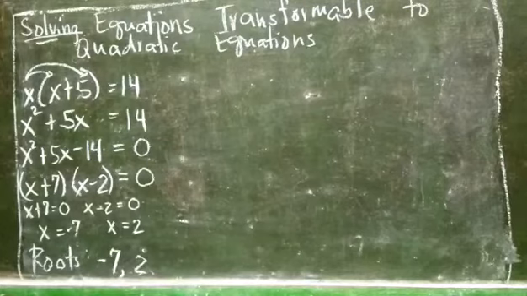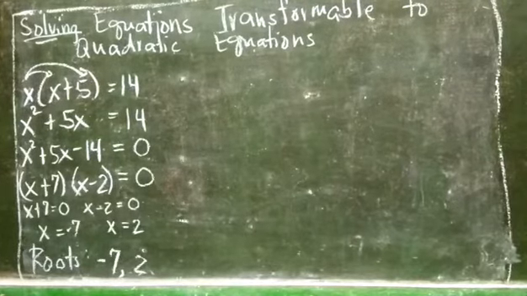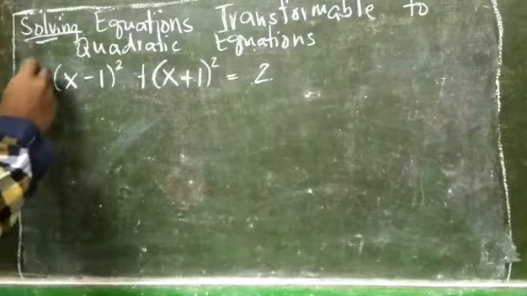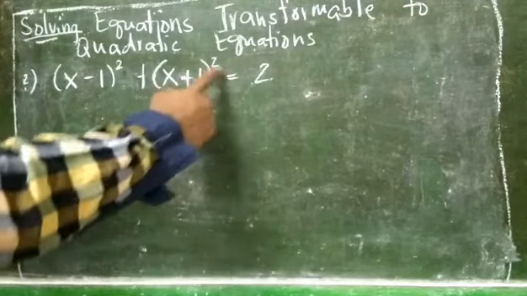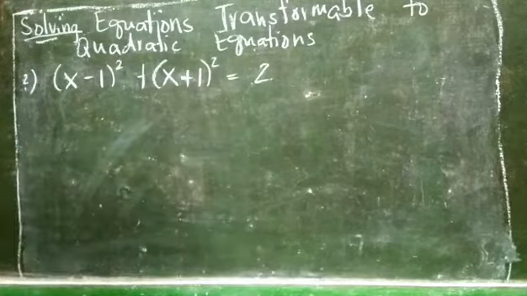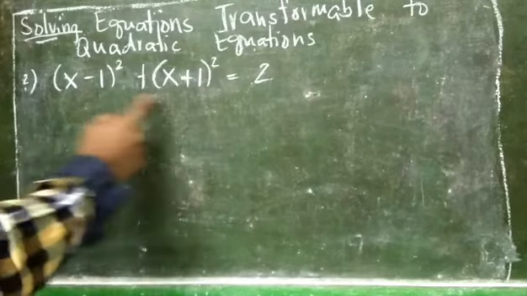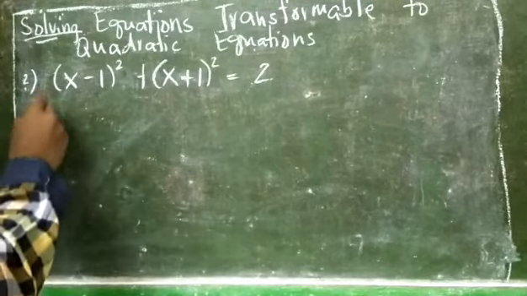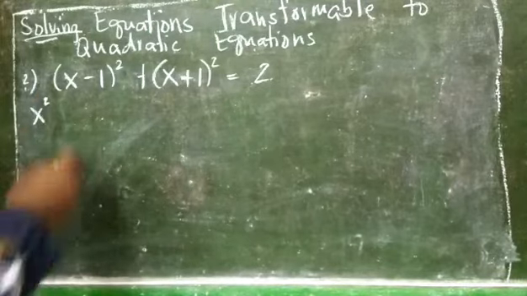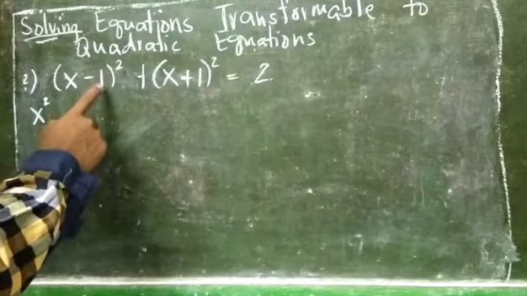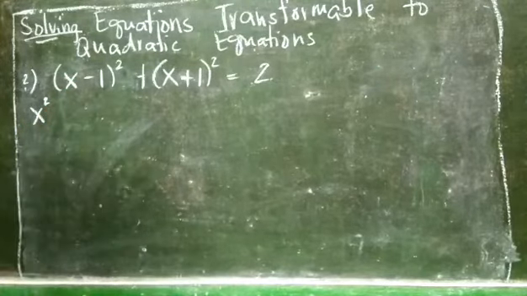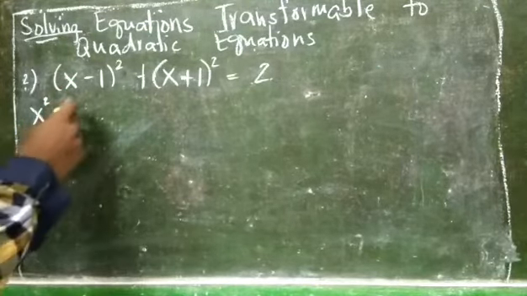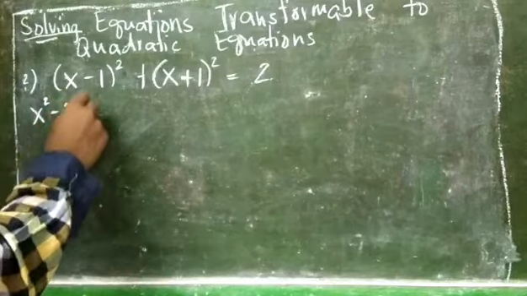Let's consider another example. So, let's consider this second example. The square of the quantity x minus 1 plus the square of the quantity x plus 1 equals 2. So, let's simplify first this one. So, x squared, twice the product of the first term and last term. Okay, so product of this is negative 1x, and getting it doubled, it is negative 2x.